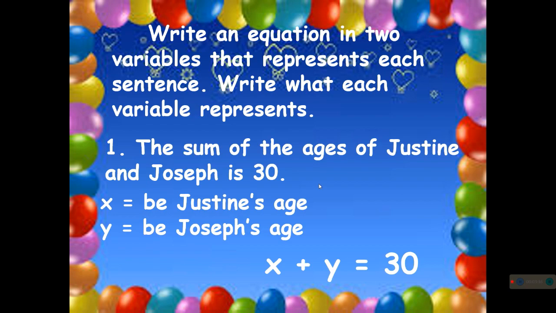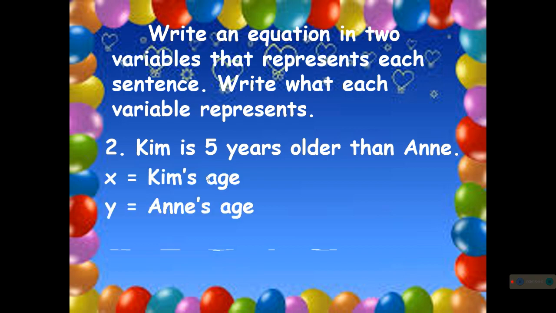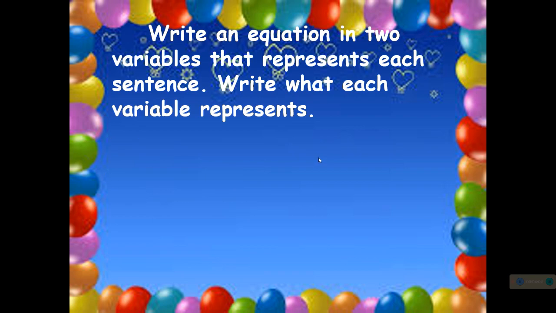Okay. Next, number 2. Let us have Kim is 5 years older than Anne. Okay? So how are we going to represent this? Our X will be Kim's age and our Y will be Anne's age. And our equation will be, yes, X equals Y plus 5. Older means addition. Okay. Next, let's have number 3.